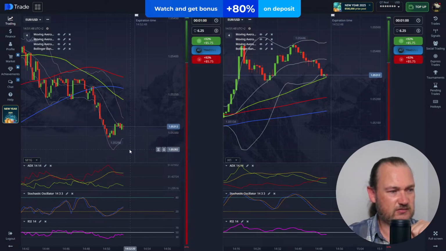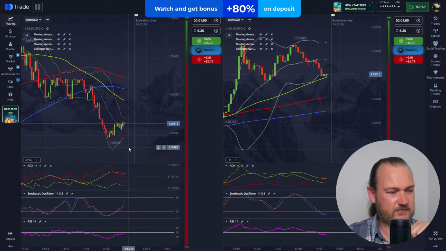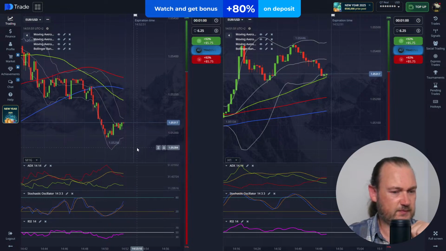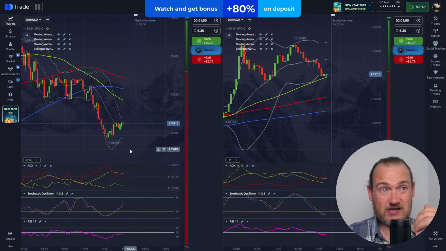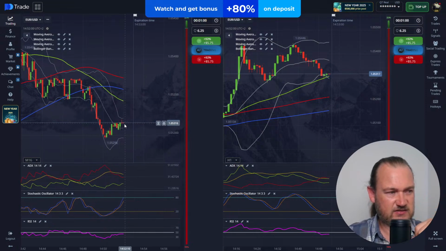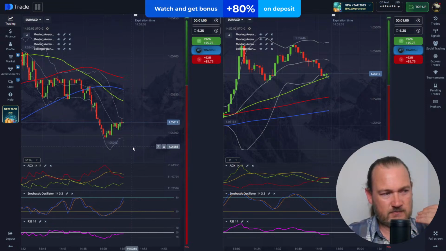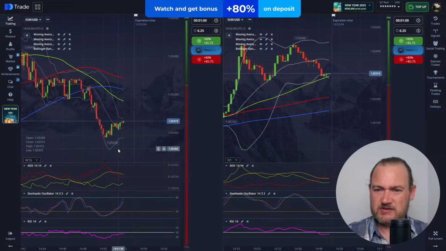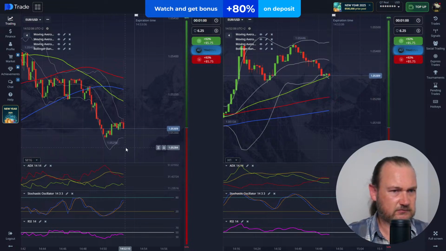Okay, so we might see price push down now to this area here and possibly form some bullish divergence for us. Not guaranteed, but after a while, it becomes fairly easy to identify areas where potential trade setups might take place.